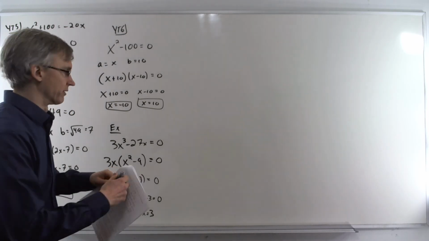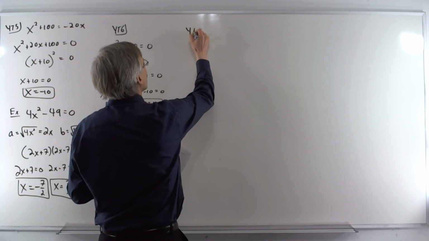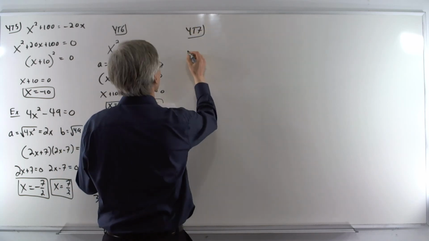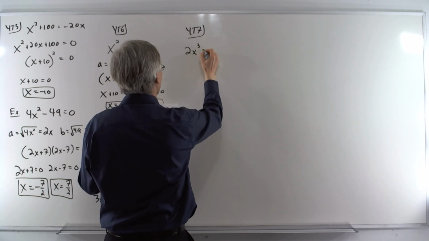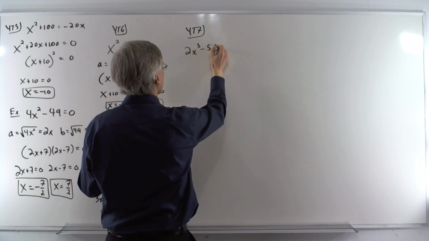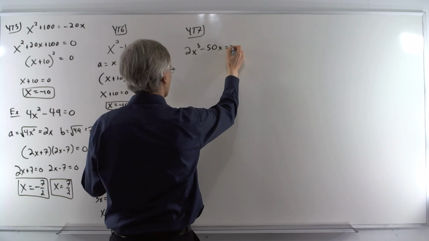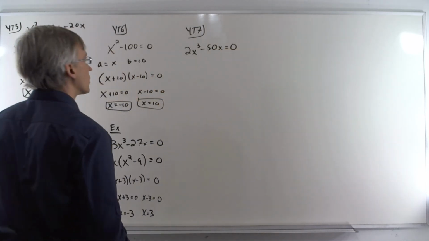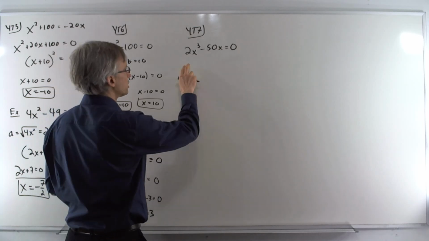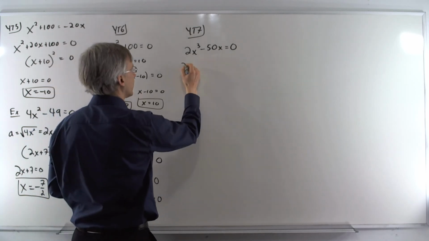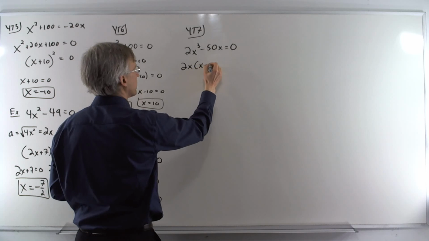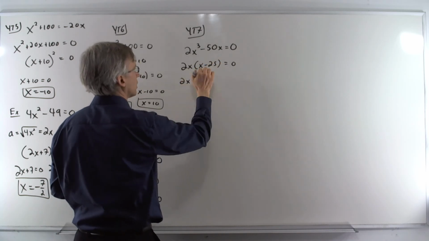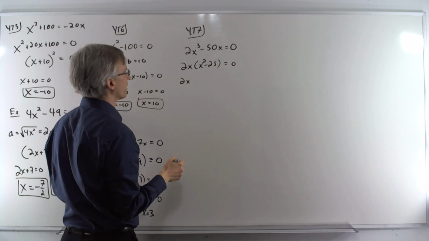Your turn, number 7. So we've got a GCF we can factor out here. It is 2x. So we get 2x times x squared minus 25.